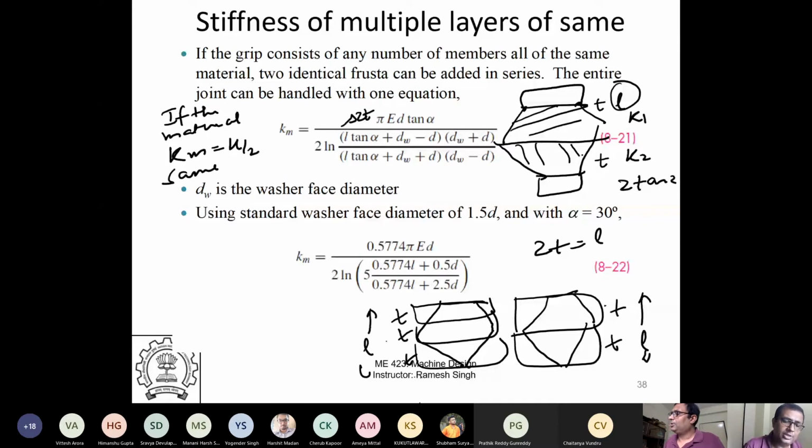This will be true for any number of layers you have. The only requirement is that it should be the same material, because regardless of how many layers there are, the pressure distribution would be the same, spreading out from the top and again from the bottom, and it's evenly distributed for the same material.